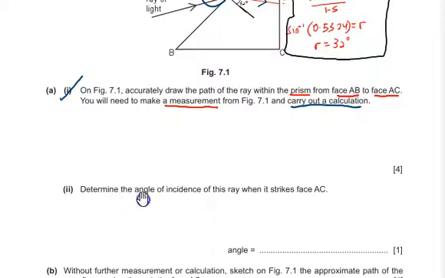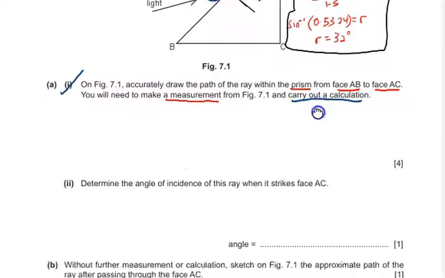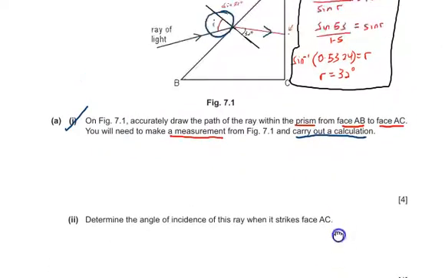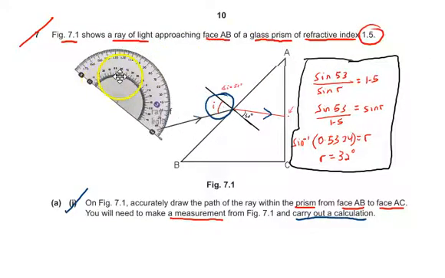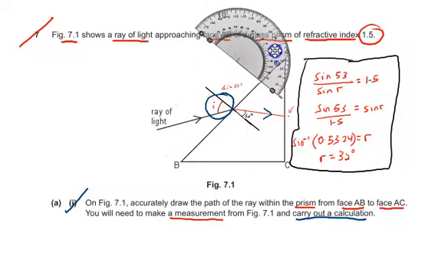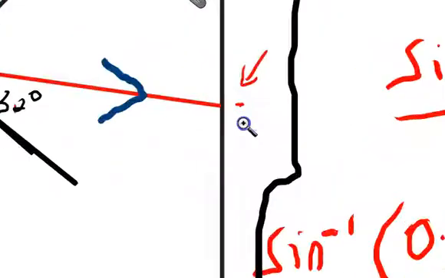Determine the angle of incidence of this ray when it strikes face AC. Again we have to do some measurement. Let me pull up my digital compass and make it nearer.